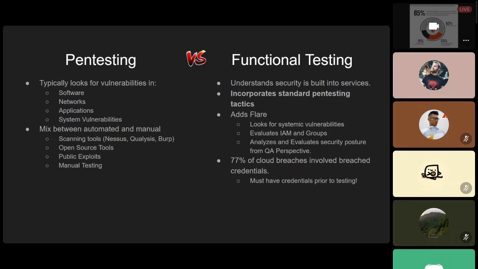Okay? And then just a quick little bullet point. 77% of cloud breaches involved breached credentials. So remember those open GitHub repos or misuse of authorized systems. All right, so before we pen test, we should have credentials to the cloud, not to the applications on the services, but to the cloud itself.